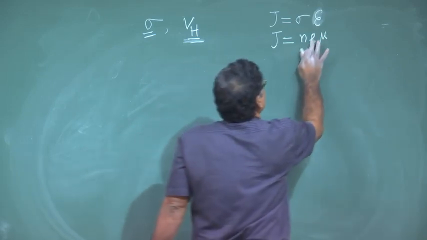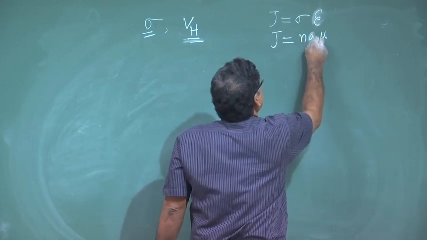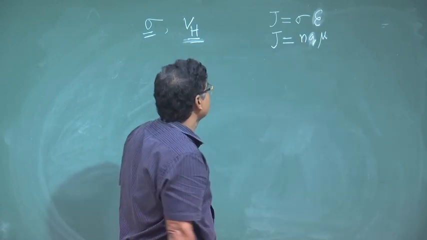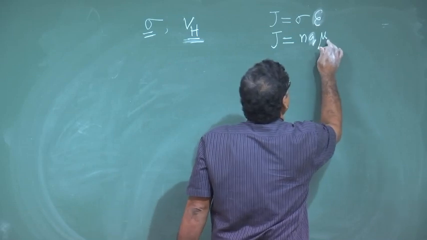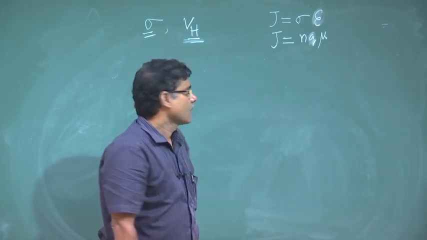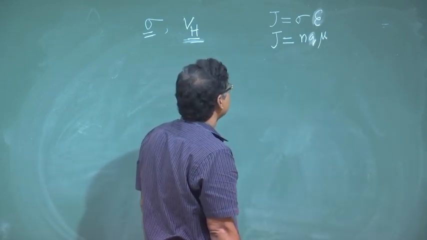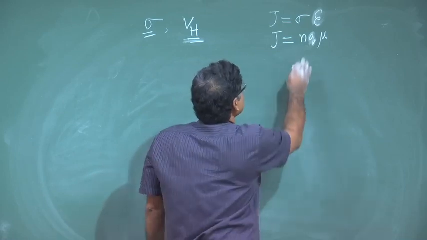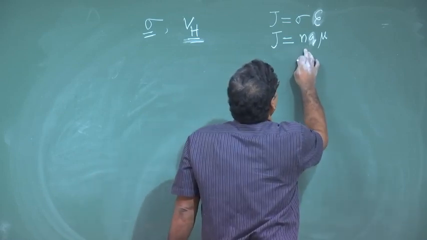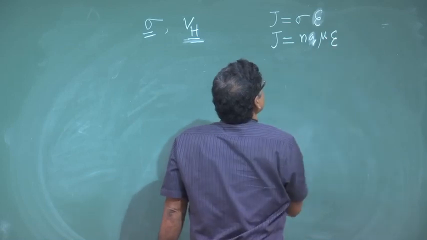Let me write J equal to N Q, this is the mobility, mu.